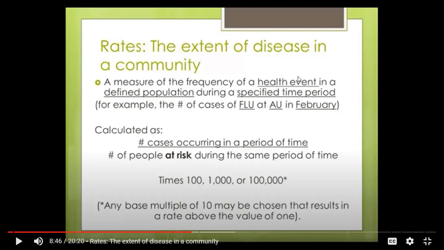So we also describe the causation of harm by agent, host, and environment. Like a case occurring in a particular time, like the case occurs between January 2021 and November 2022. This is the period of time of the population at risk during the same period of time. So definitely when we go for this, we have to know what are the agent, host, and environment.